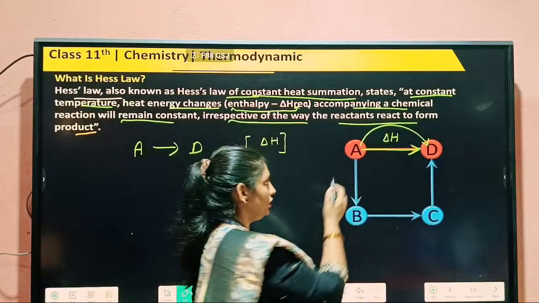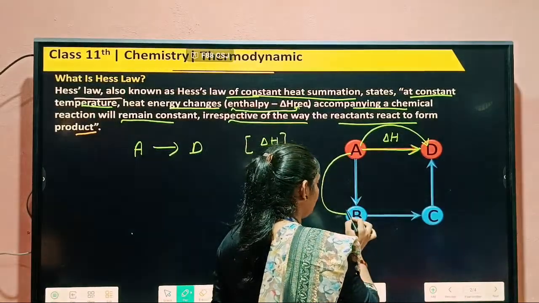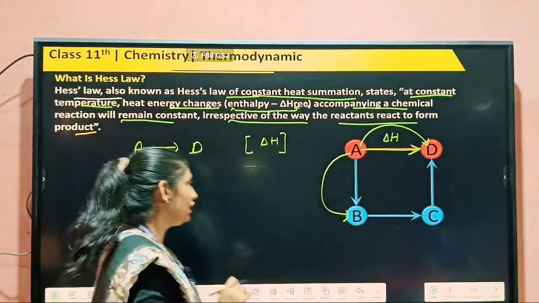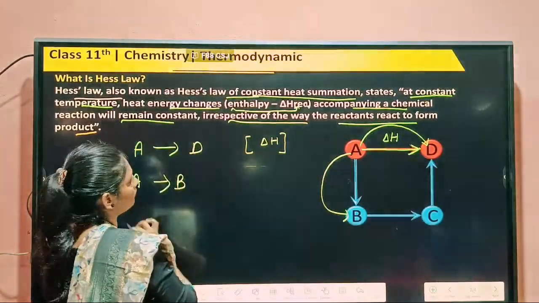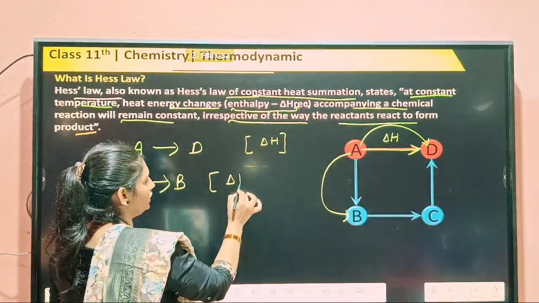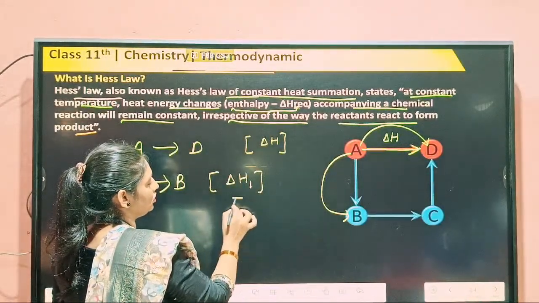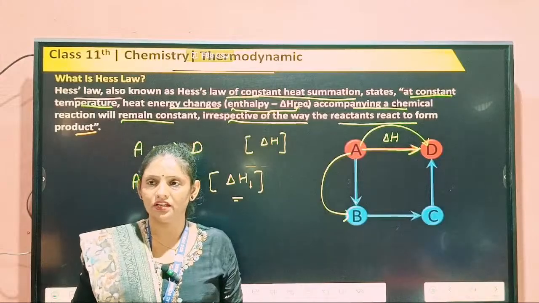First of all, it will go to B, means it gives us B first. For this, it used energy, or change in enthalpy, delta H1.